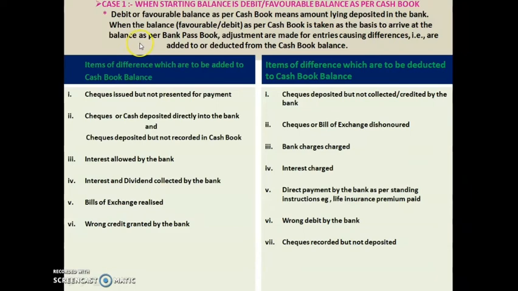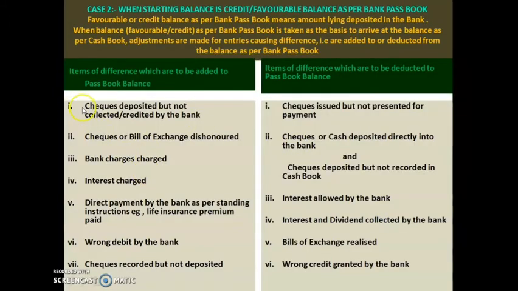So in our earlier class with case 1 we saw that there are some items to be added and some items to be subtracted. Just opposite is the case here. The items which we have subtracted in cash book will be added in passbook.